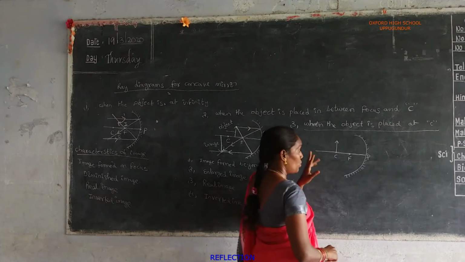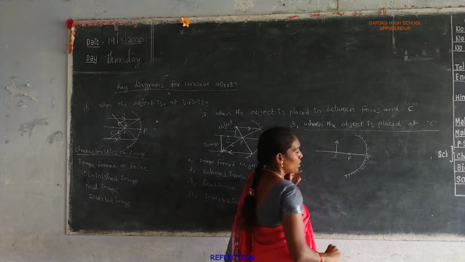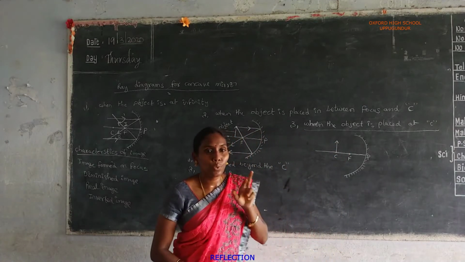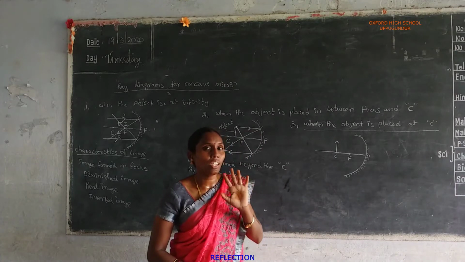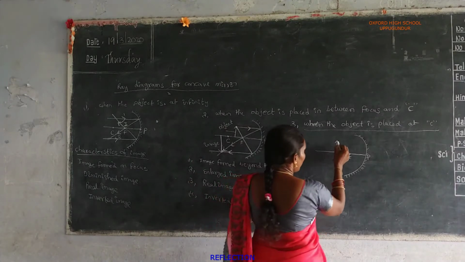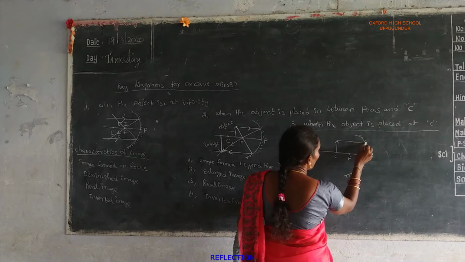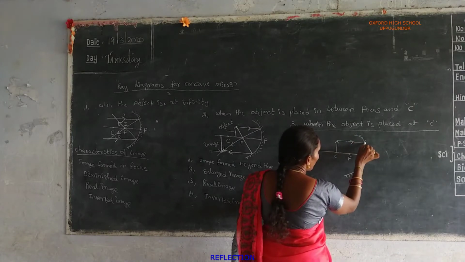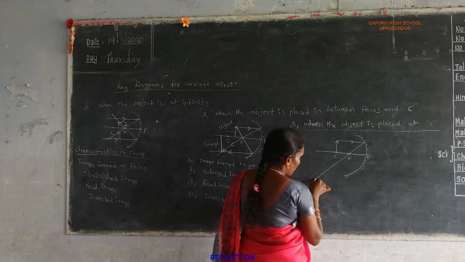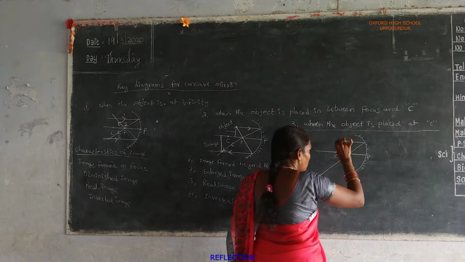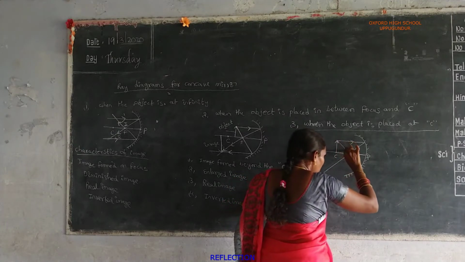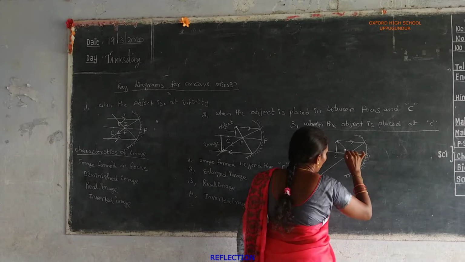Again, draw the two ray diagrams. Two rays are enough for drawing a neat ray diagram. Here, this is the first light ray, parallel to the principal axis. After reflection, it will pass through the focus. And next, this is the second incident ray. It passes through the focus.